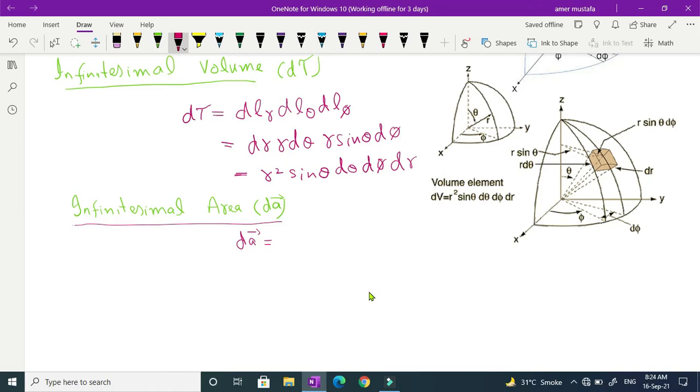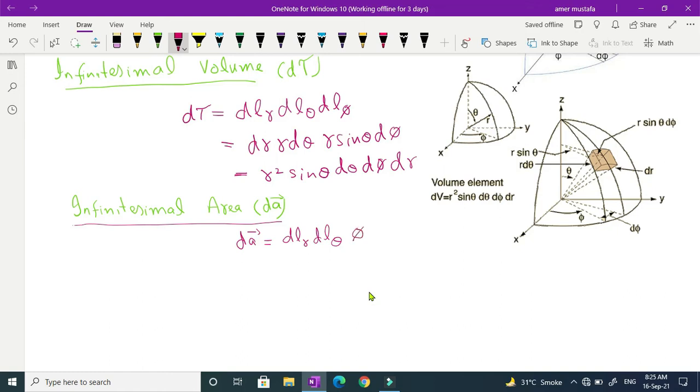So if the plane lies in the r theta plane, in that case the infinitesimal area will be the product of these two lengths, dl r into dl theta, and phi will be constant.